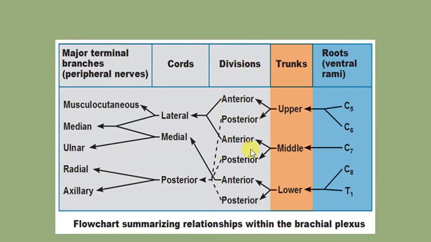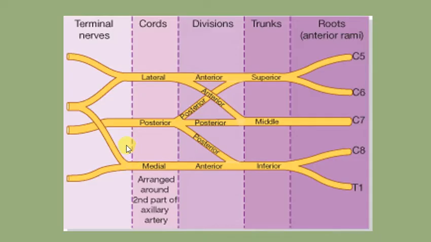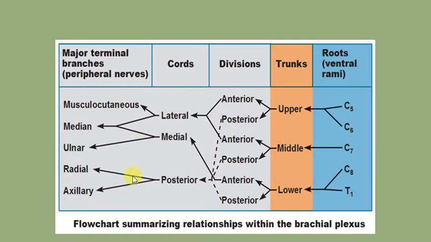All of the posterior divisions form the posterior cord, and this posterior cord continues and forms the terminal branches. It divides into two terminal branches, the radial nerve and the axillary nerve.